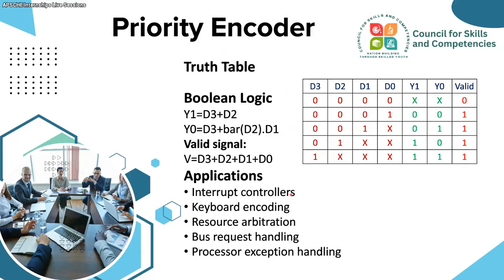Applications are things like interrupt controllers, keyboard encoding, and resource arbitration. We can call it arbitration because two things want to take a single resource, so there is a fight. To avoid that, they give priority. Among students you all have the same priority, but in a student group, if there is a leader, the leader has more priority than the other students.